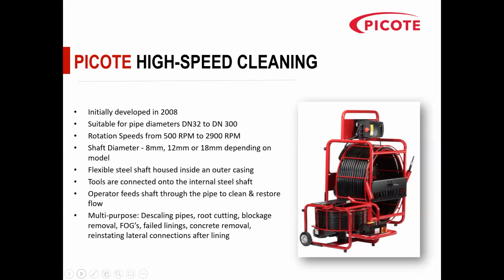With ours, our small machines have an 8mm diameter shaft, our medium machines have 12mm, and our largest machine has an 18mm or 3/4 inch shaft. It's a flexible shaft, especially designed to go around bends, and it's encased in a plastic outer casing.